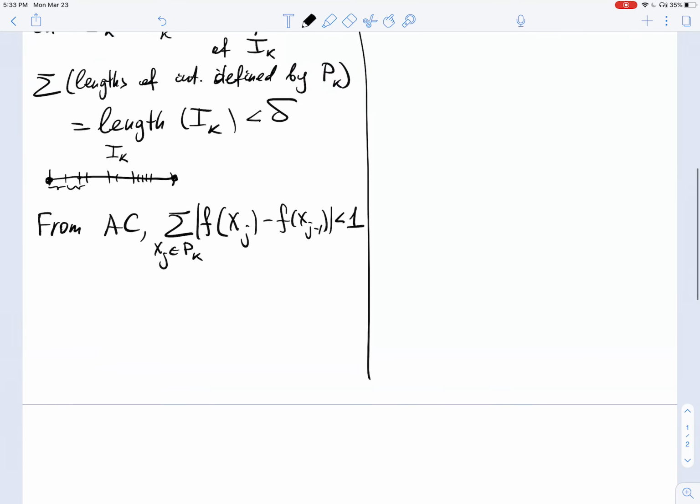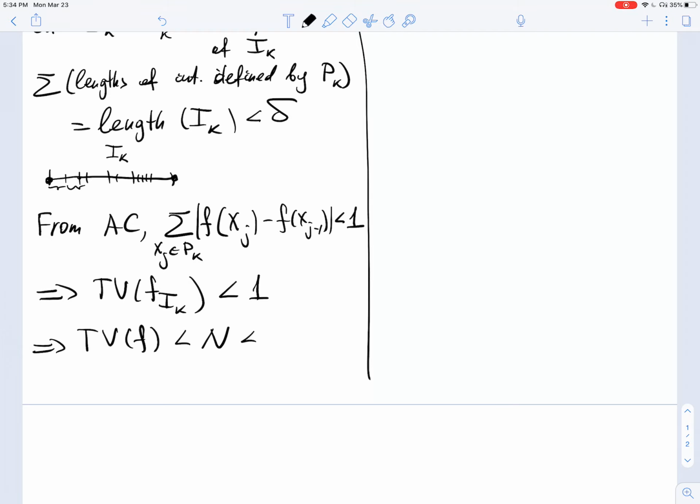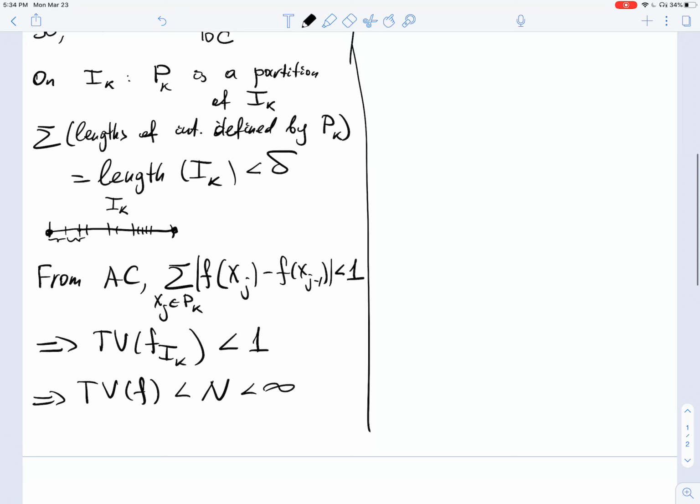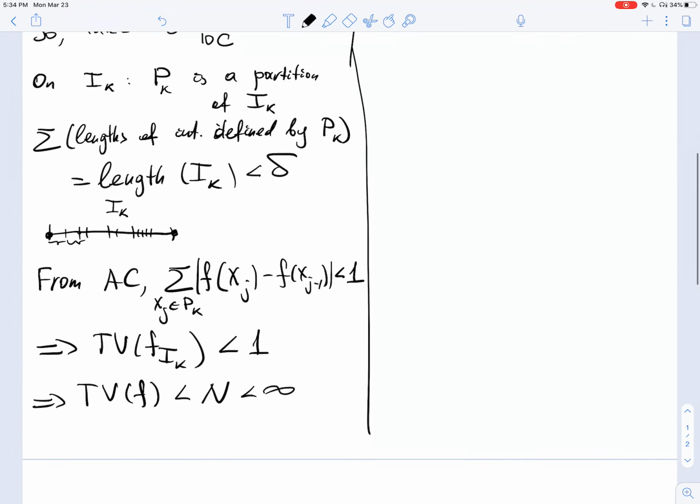So this is less than 1, and this implies that the total variation of f restricted to Ik, this is true for any partition, so the total variation here is less than 1, and this implies that the total variation of f everywhere is less than n, which is less than infinity. So n, I remind you, is approximately b minus a divided by delta. And this is it. So f is definitely of bounded variation.